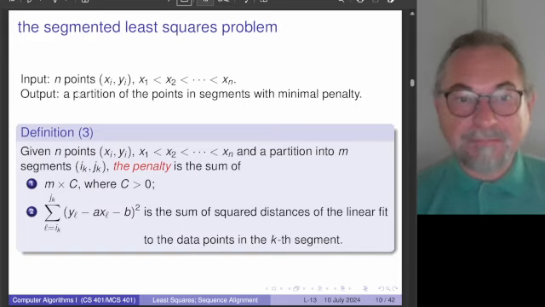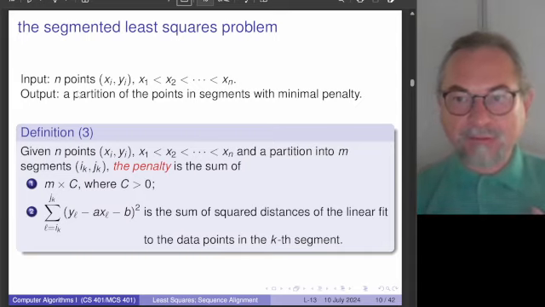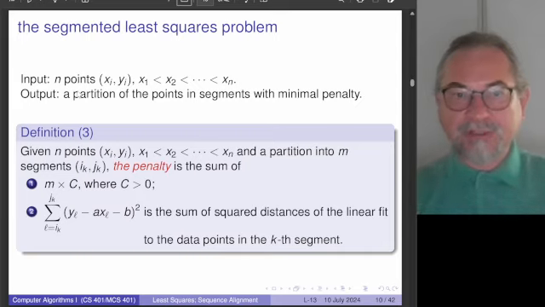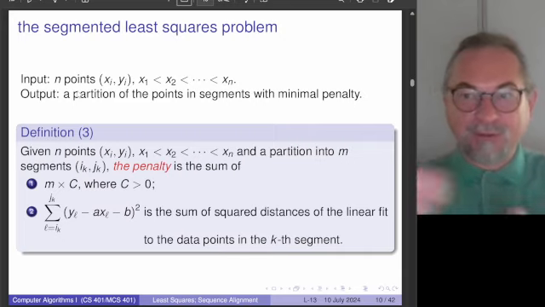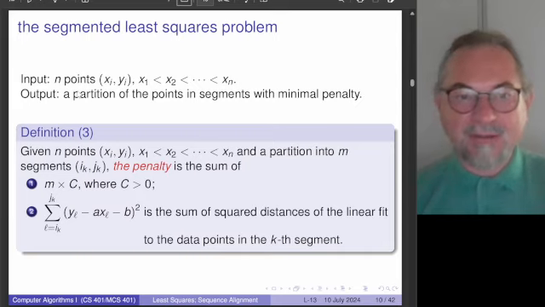But we also have a penalty on the number of segments. In a very absurd case, we could take as segments all the consecutive pairs. And that would result in, say, a curve. Well, that's one of the algorithms to draw a curve: you connect the dots. So that will give you a very high penalty.